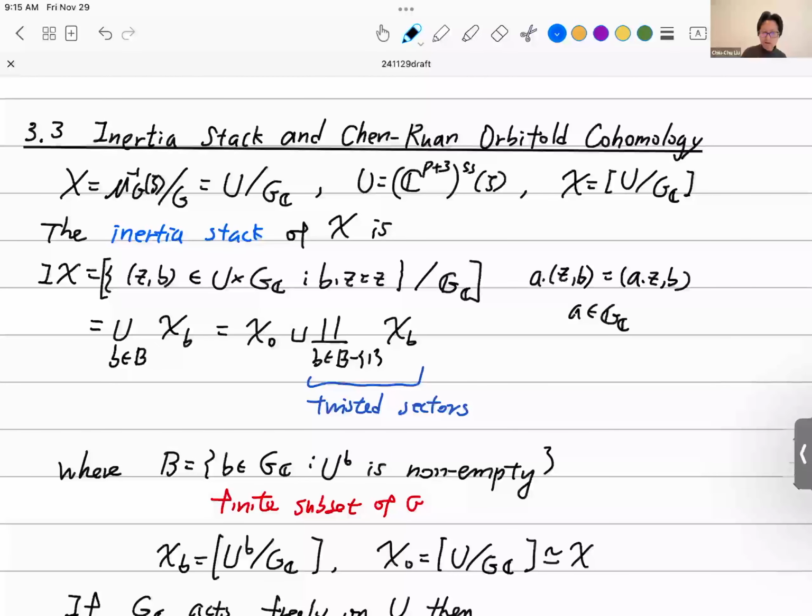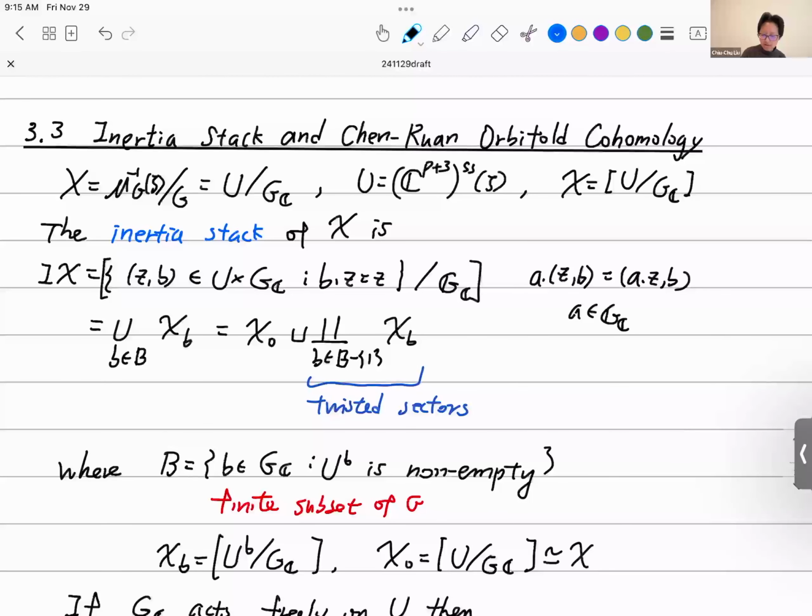So U is the semi-stable locus determined by the stability condition zeta, which can be viewed as a point in the dual of the Lie algebra of the compact torus G. So now we fix this stability condition zeta, or Kähler parameter, and we just suppress that.